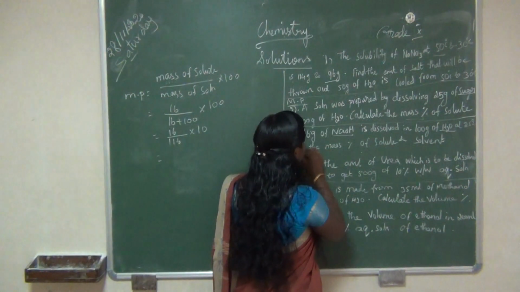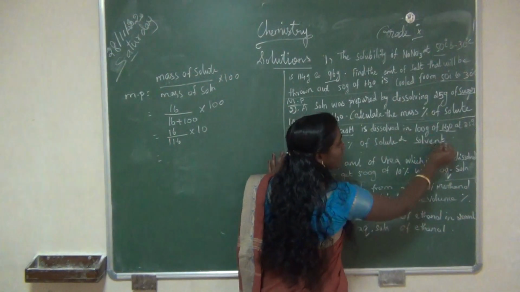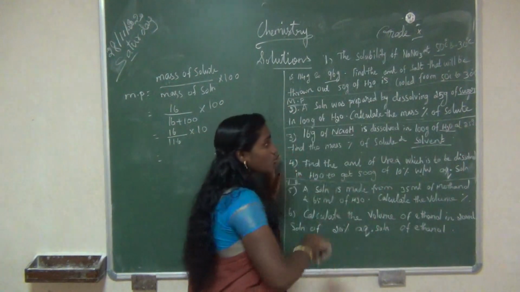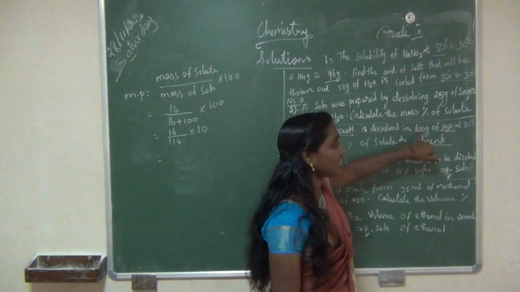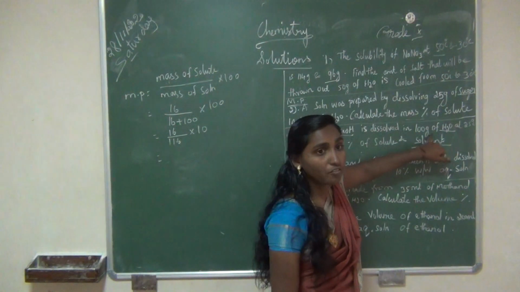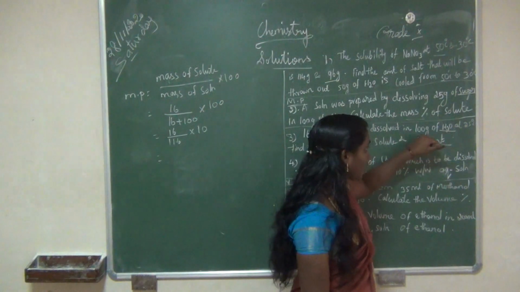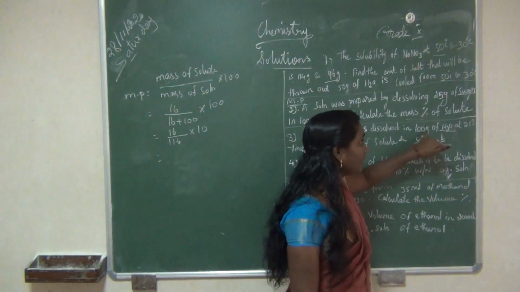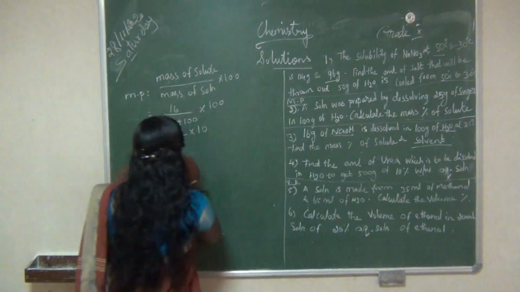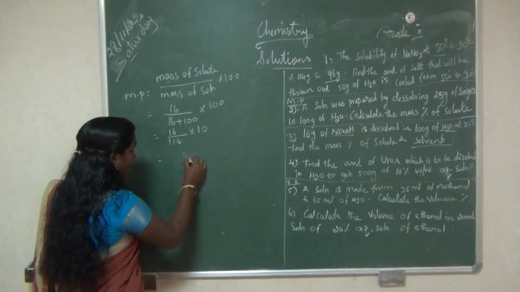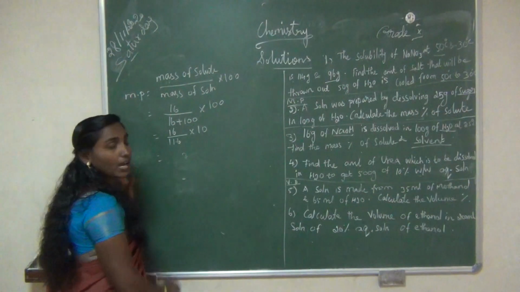What do we need to find out? Find the mass percentage of solvent, right? What value is given for the solvent? 100 gram of water, right? So solvent contains 100. Here you will get one answer, no? That answer minus this 100.